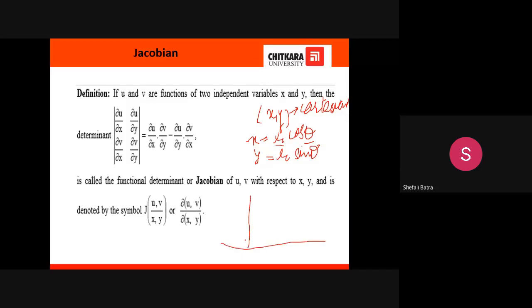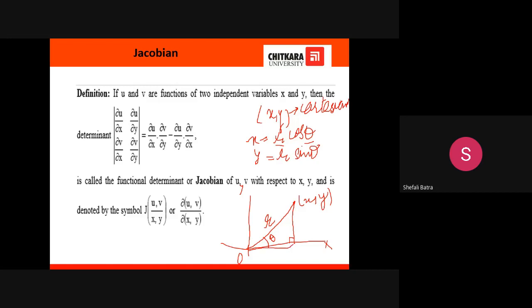See, this is your x-axis, this is your y-axis, and this is any point having the coordinate x comma y in Cartesian coordinates. Now, this is your origin. I'm drawing a line from this point to the origin. This distance is known as the radius vector, and this radius vector makes angle theta with the x-axis. Now I'm drawing a perpendicular from this point onto the x-axis.